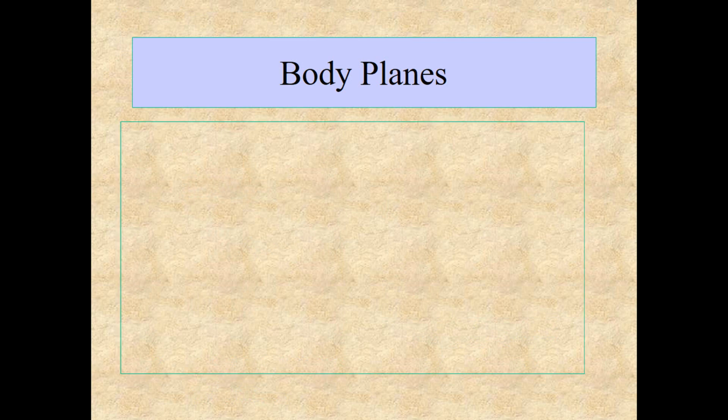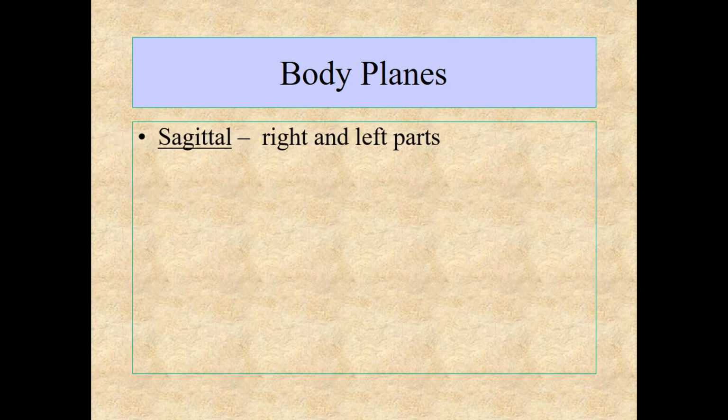All right, body planes. We have these various planes. A plane is an imaginary line that goes through the body, and a cut or a section is an actual cut that is done. So we have sagittal. Sagittal is a plane that divides into right and left parts.